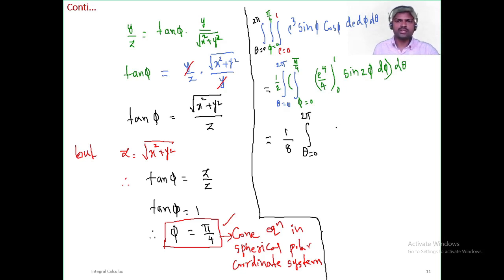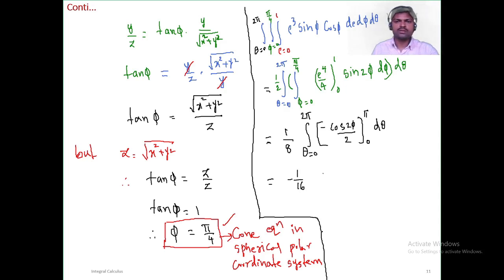Now with respect to phi, sin 2 phi integrates to minus cos 2 phi divided by 2, where the limits are from 0 to pi by 4, and after that with respect to theta, and this will be minus 1 upon 16.